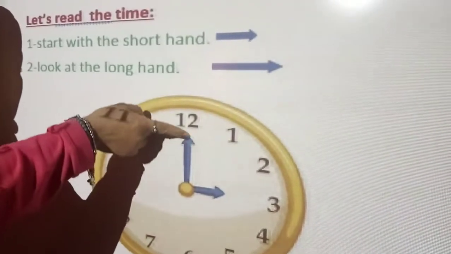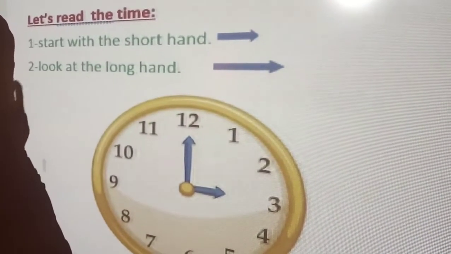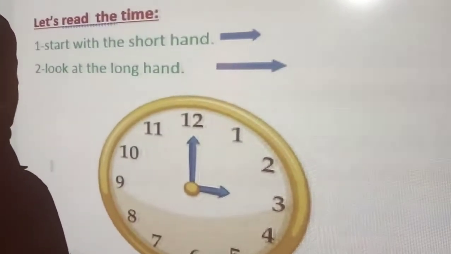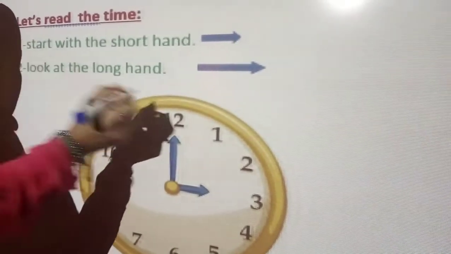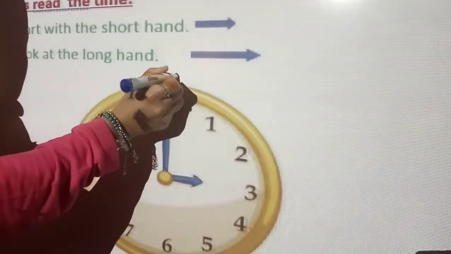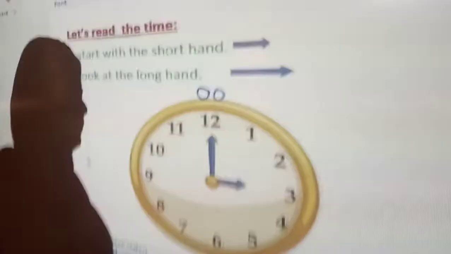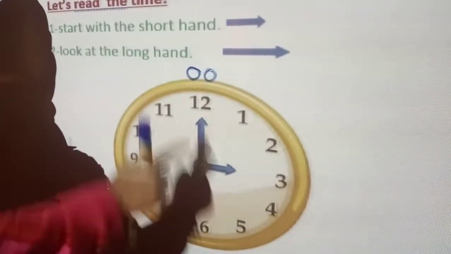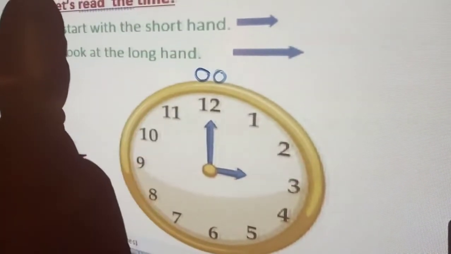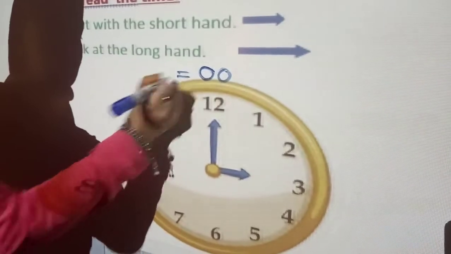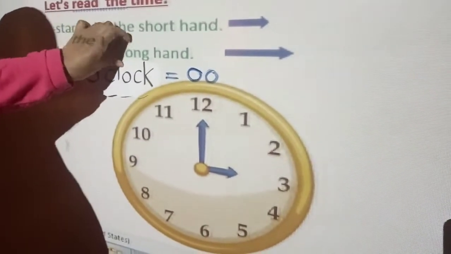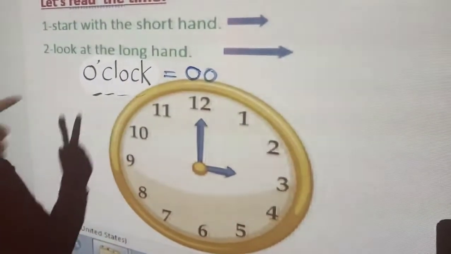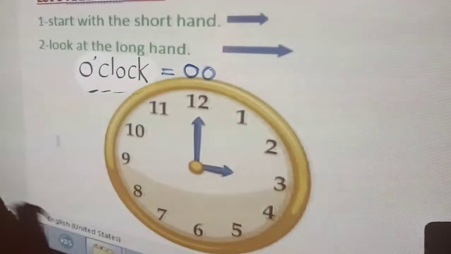And when you see the long hand point to 12, it means 0, 0. Okay, when I say 0, 0, it means o'clock.